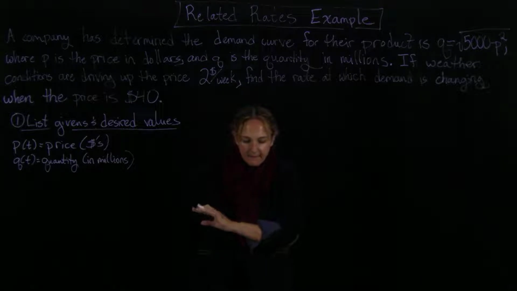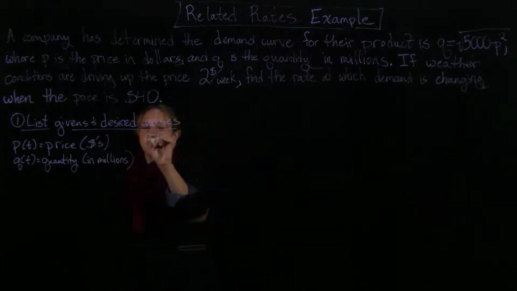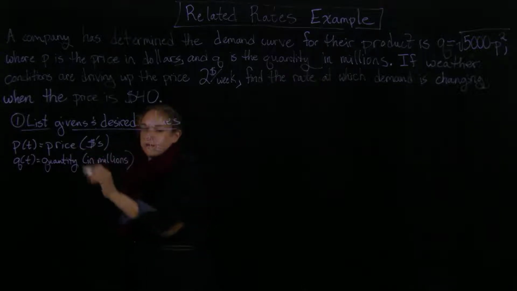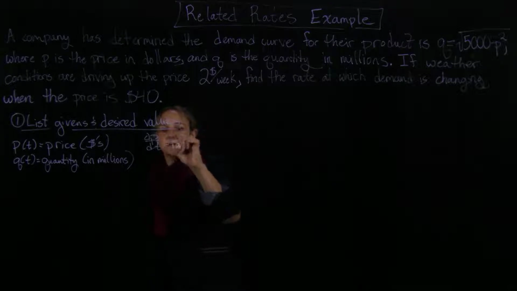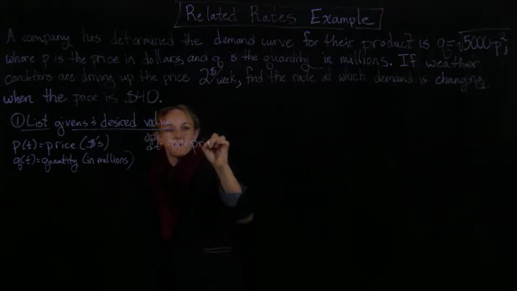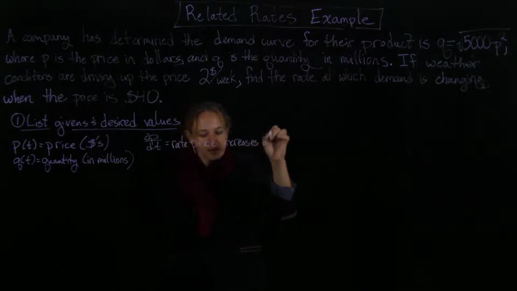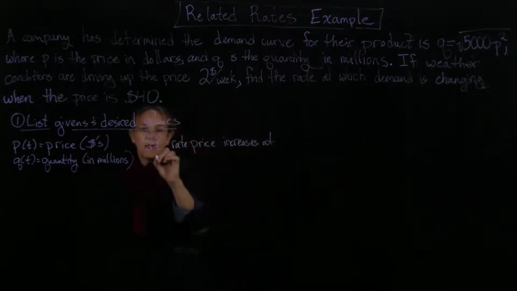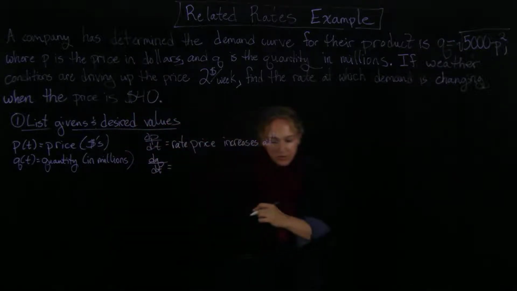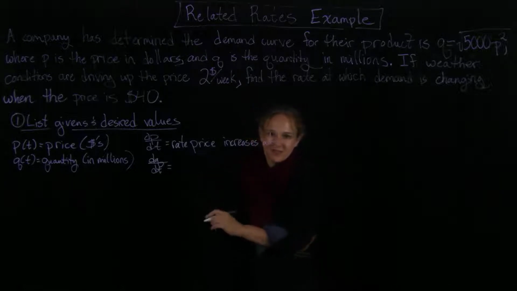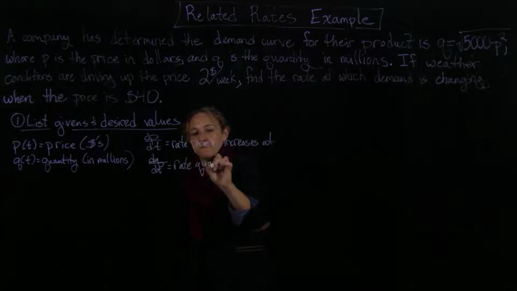And then along with these, we know that dP/dt is going to be the change in price, so the rate the price increases at. And dQ/dt is going to equal the rate that the quantity increases at.